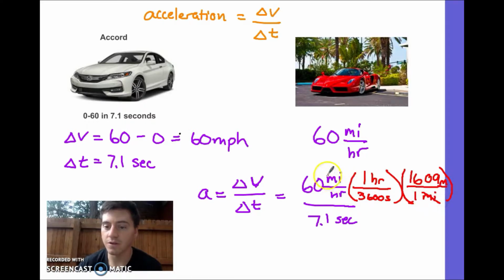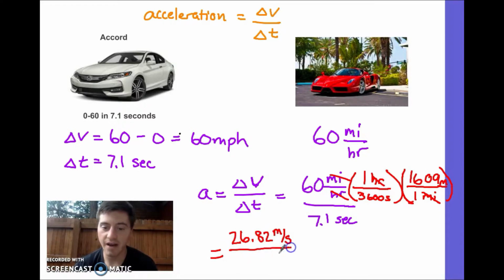So miles cancel here, hours cancel here, and we'll be in meters per second. Let's find what that is. Okay, that's much better. That's about 26.82 meters per second divided by 7.1 seconds. So you'll see that that gives us about 3.78.